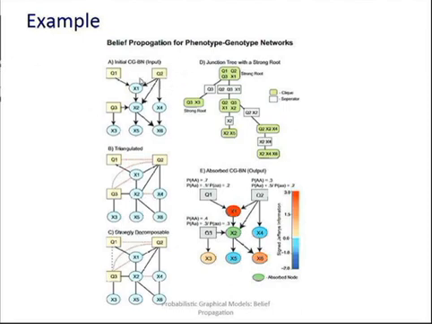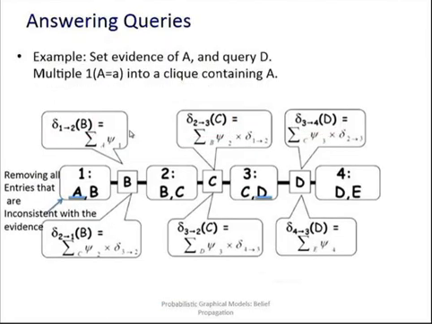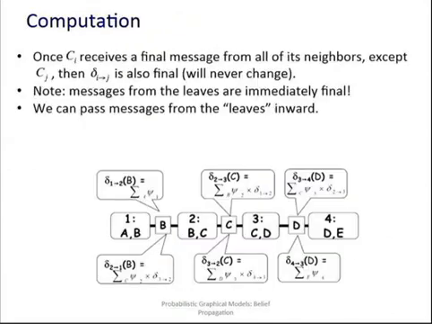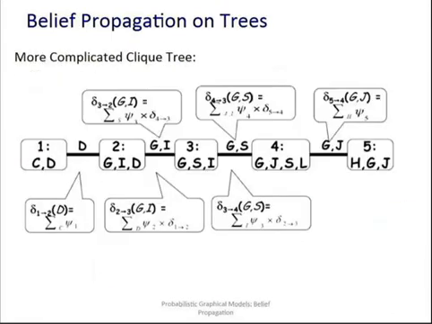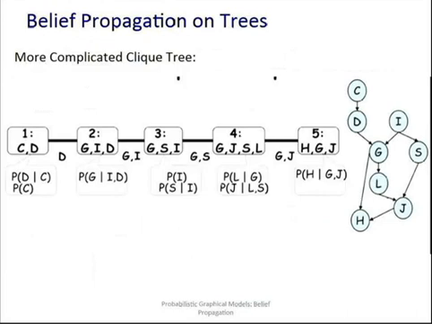These are discrete variables in the boxes, and these are continuous ones. And that is your graphical model. It's a little bit simpler than this one, but it's a little more complicated at the same time because it has discrete variables in it.